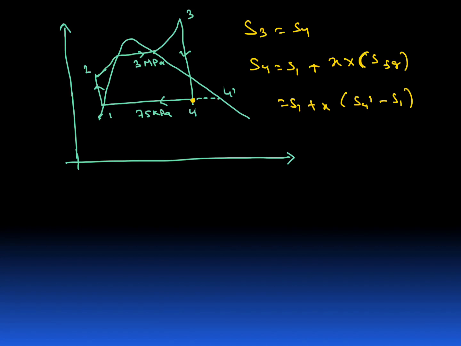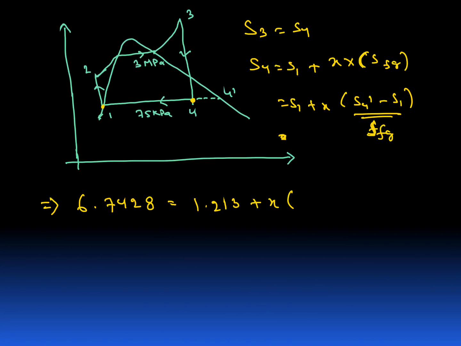S3 is 6.7428, equal to S1, here 1.213, plus dryness fraction into SFG at 75 kilopascal. So we will put that value directly, 6.2434. If you solve this one, the X value you will get is 0.885.